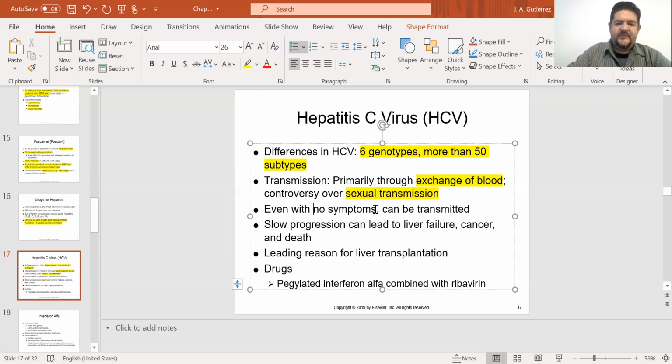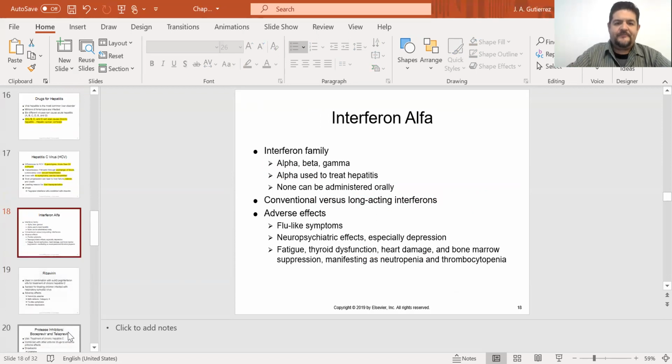Even if the patient has no symptoms, it can also be transmitted. So that's the scary part. Hepatitis C is slow, but like I told you, cancer will be the outcome. Hepatitis C is the main reason for liver transplants. And like we mentioned, if the patient's going to have a new organ, we need to provide medications to immune suppress the body. Okay, so how do we treat hepatitis C?